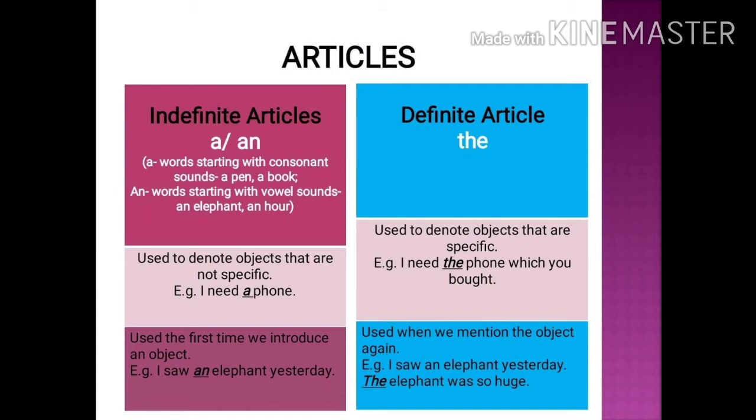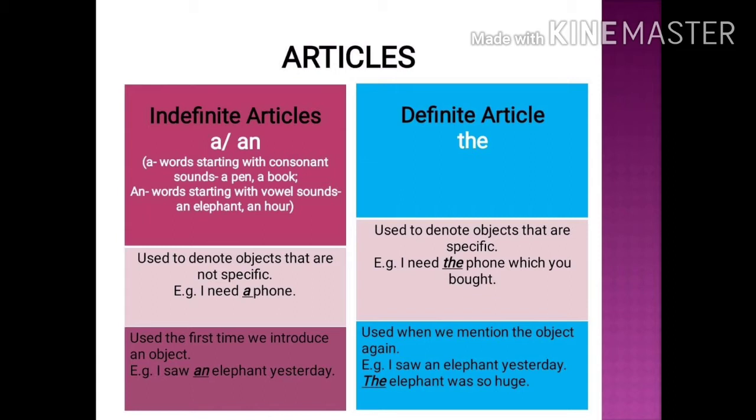Now let's see the differences between indefinite articles and the definite article. Look at the first difference, children. Indefinite articles are used to denote objects that are not specific. You use a and an to denote objects or nouns which are not specific. You are not particular about the noun.